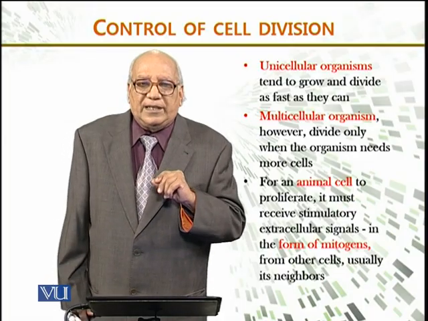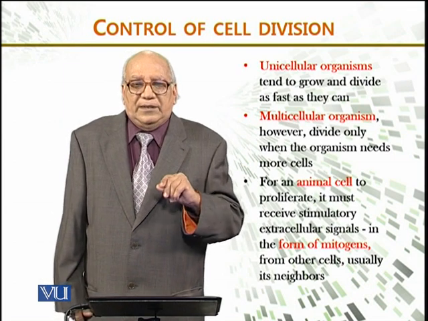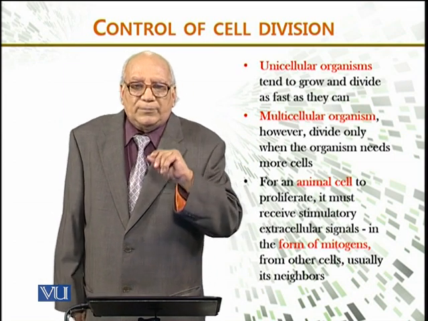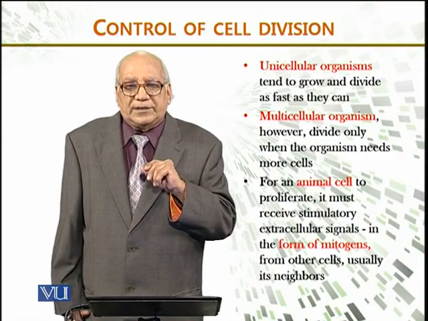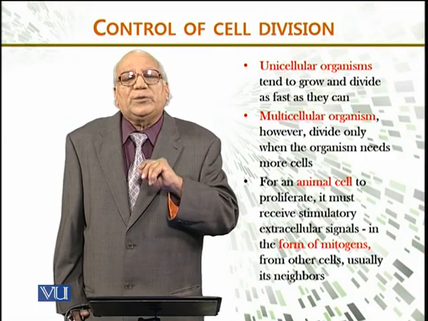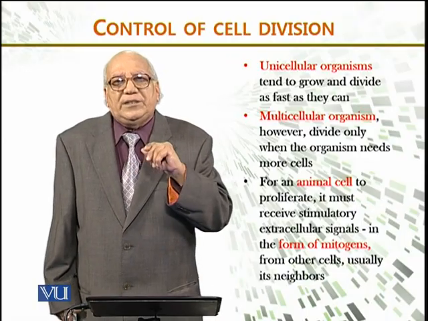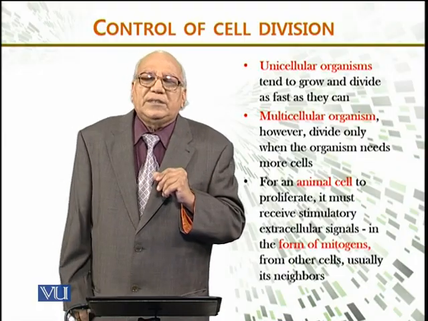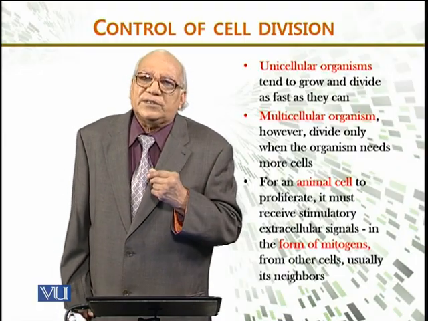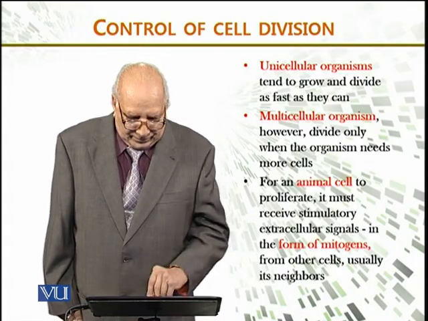For an animal cell to proliferate, animal cells किस तरह grow करते हैं? It must receive stimulatory extracellular signals in the form of mitogens. जिस तरह हमने पहले seen earlier that these are the compounds, the chemicals, the proteins which give the signal to the cell, and they are on the surface of the cells.